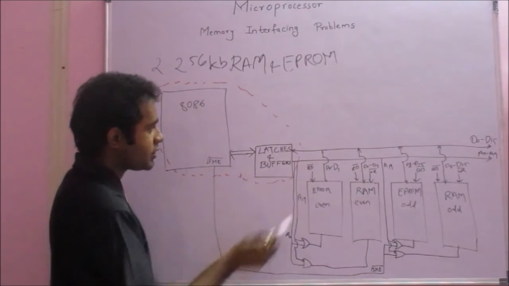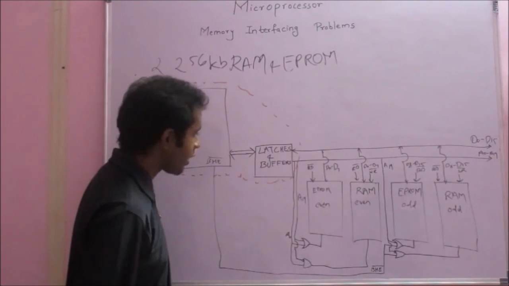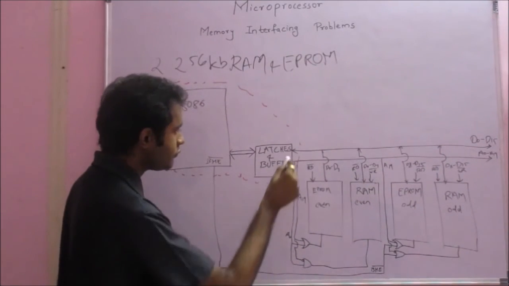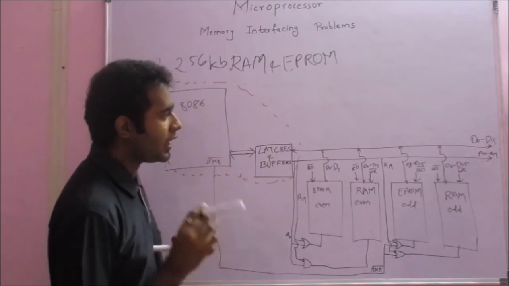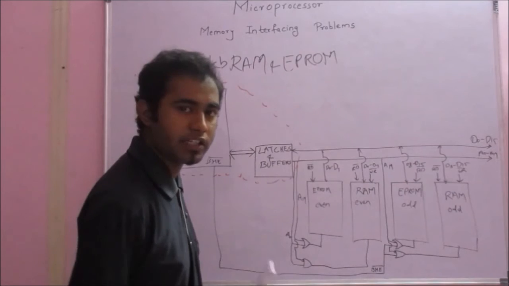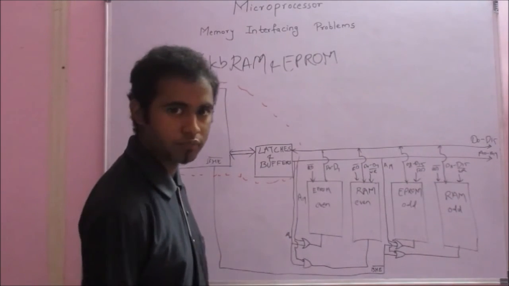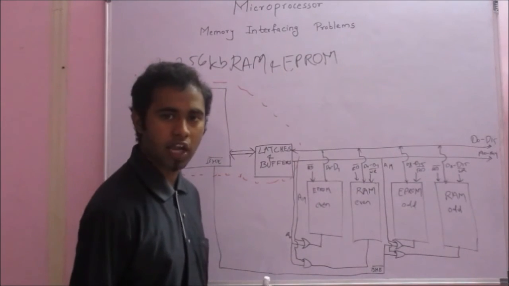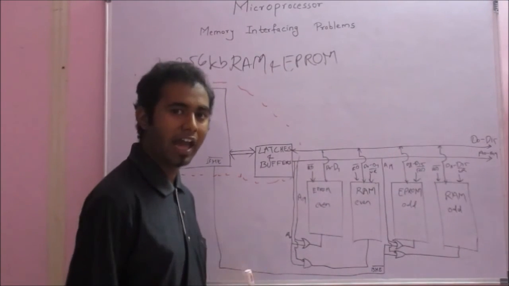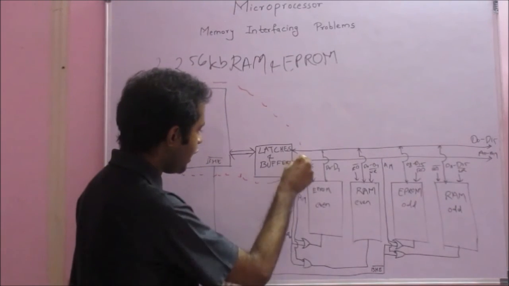From latches and buffers, my data bus and my address lines come out, and as you have seen, we need the A19 address line that decides whether to select the RAM or a ROM. If A19 was 1, then it was ROM, and if it was 0, then it was a RAM.